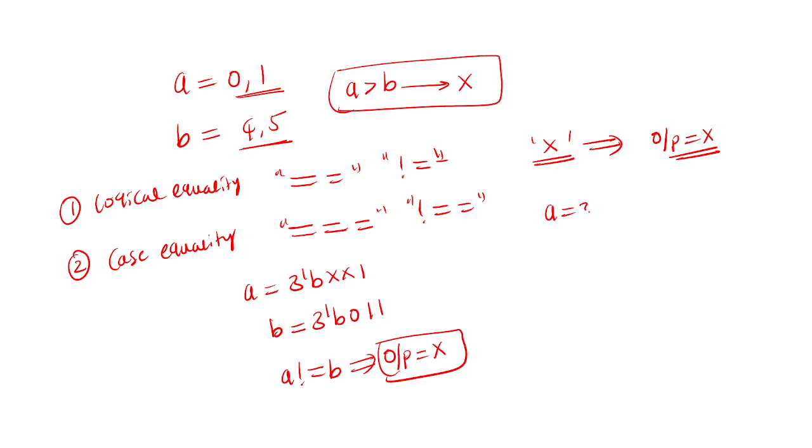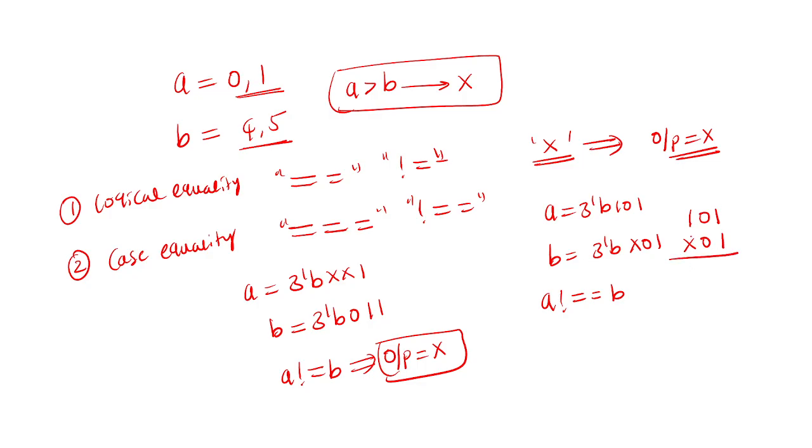Suppose A equals 3'b101 and B equals 3'bx01. A not case-equal to B: here it compares 101 with x01.